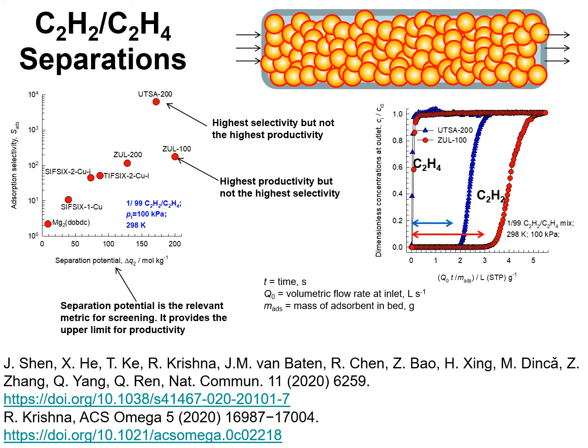For ethyne-ethene separations, this graph plots the adsorption selectivity versus separation potential for 1, 2, 3, 4, 5, 6, 7 different MOFs.